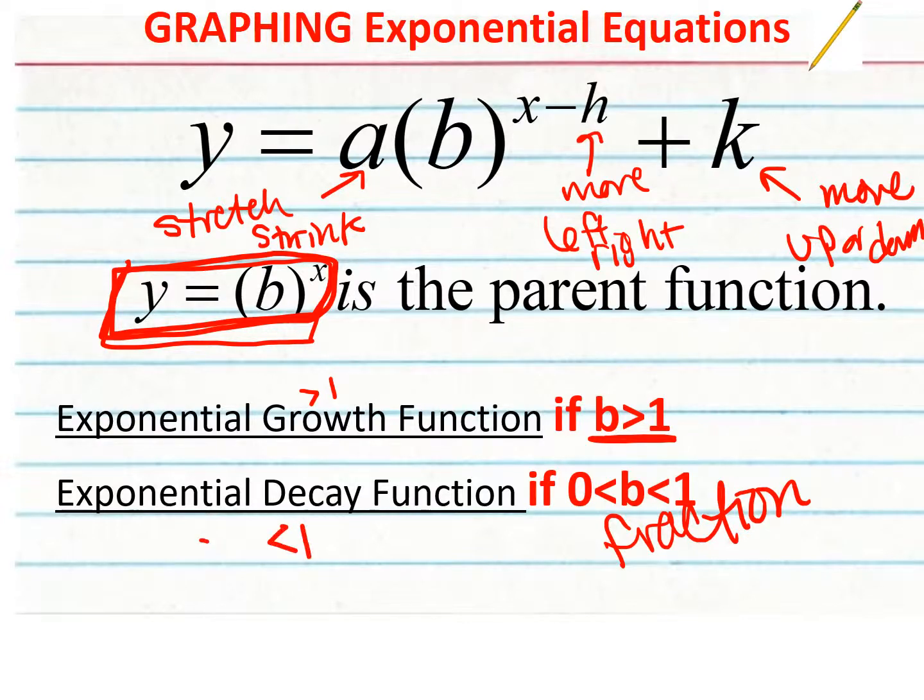So if it's greater than 0 and less than 1, or if it's a fraction or a tiny decimal, it's going to be a decay function. So make sure we know what the parent function is, when it's growing, when it's decaying, and what the generic form is, so we can do some transformations on them.